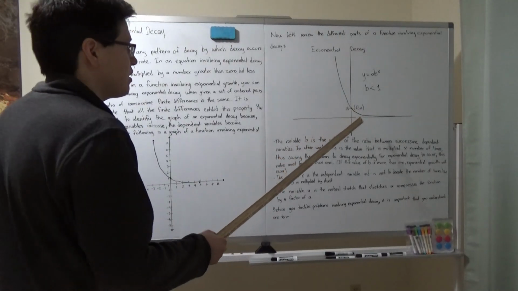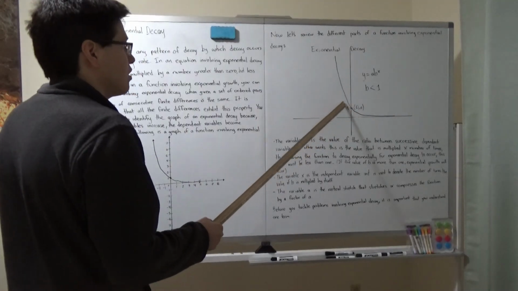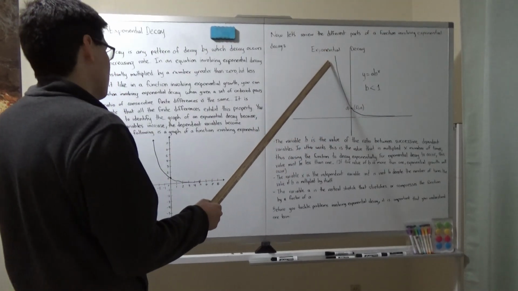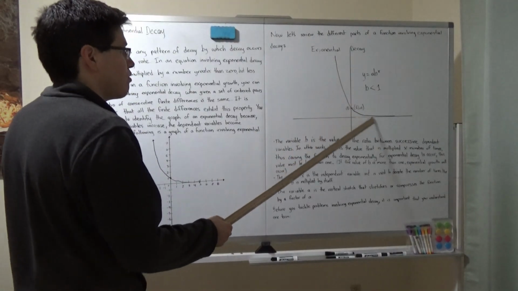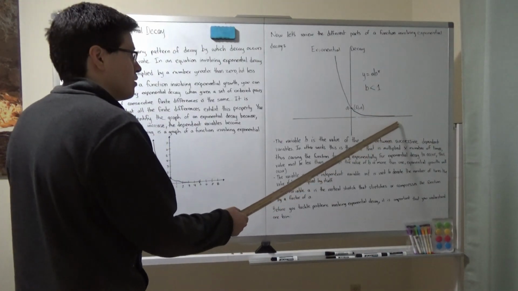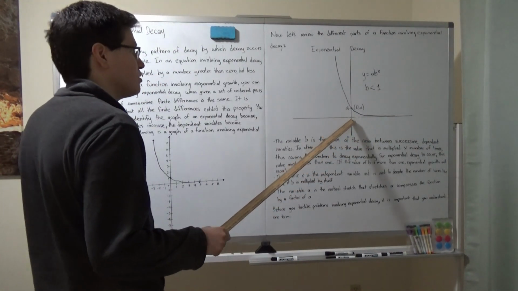For the standard function, it goes from a y value of positive infinity to a y value of 0, but it never touches 0. So there's an asymptote at y equals 0.